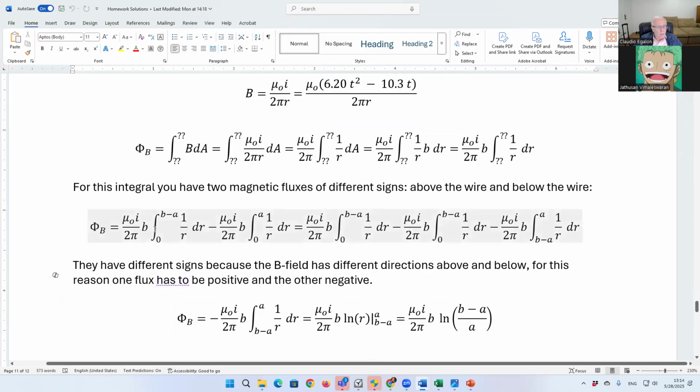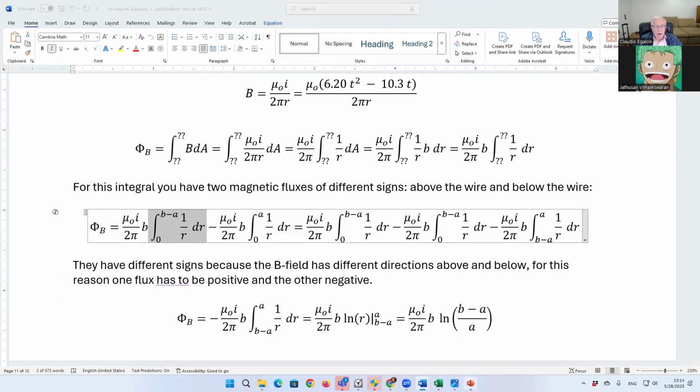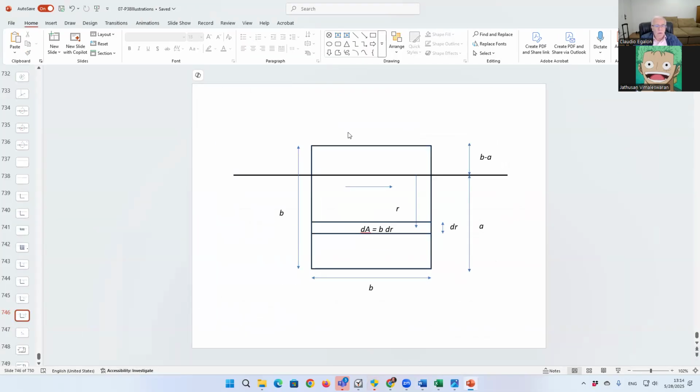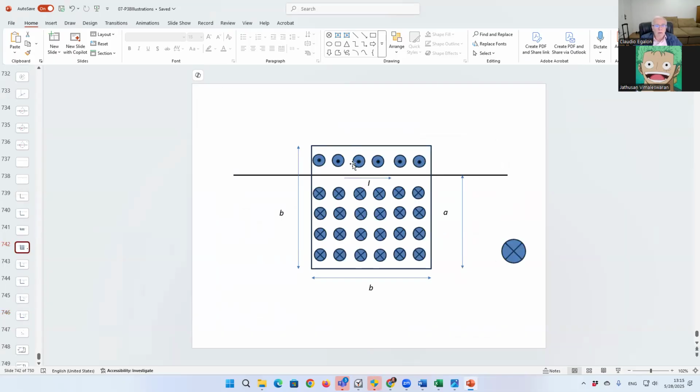One going from 0 to b minus a, positive, because the flux here is positive. r is the distance from the wire, so at the wire it is 0, and at the top of this loop it is b minus a, right?